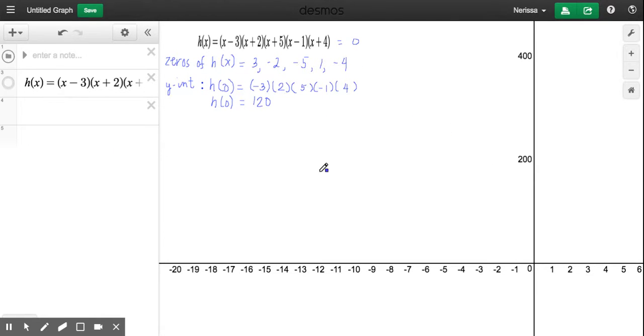So zeros are 3. So we have a 0 here. Negative 2. Negative 5. Positive 1. So we have 1, 2, 3, 4 here. 1, 2, 3, 4, 5.